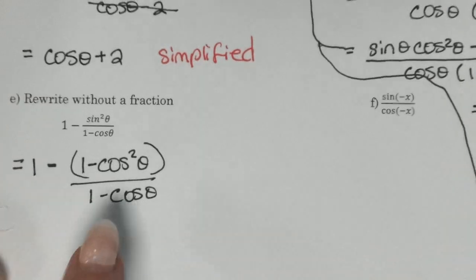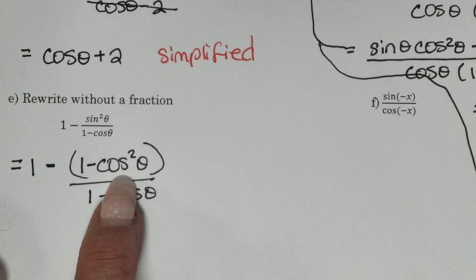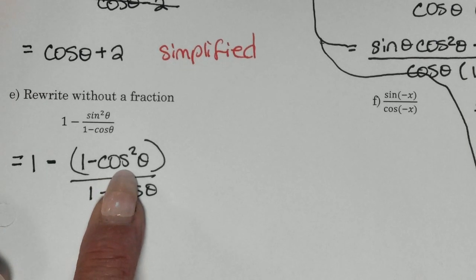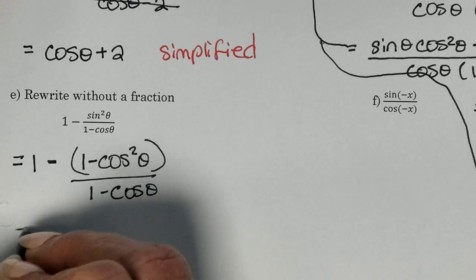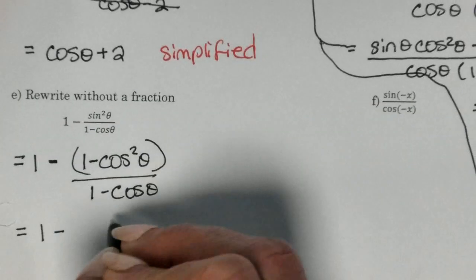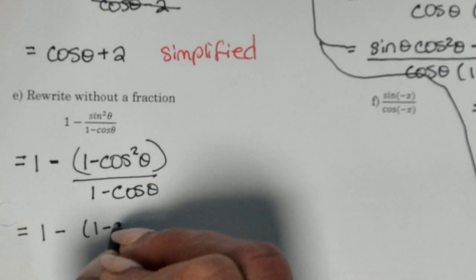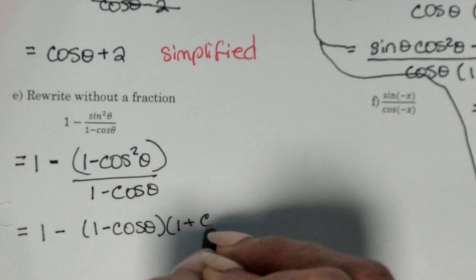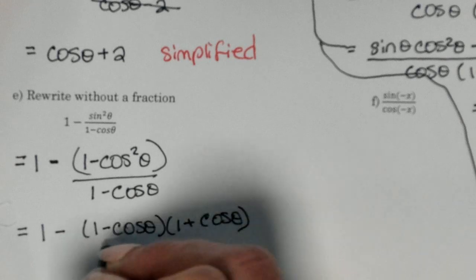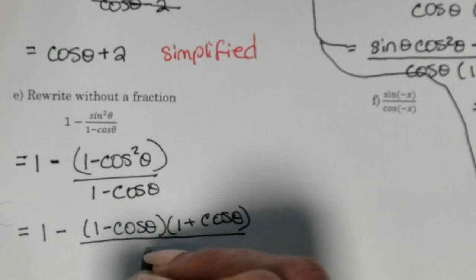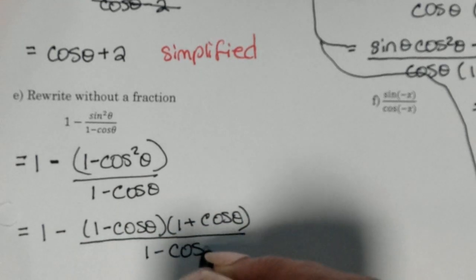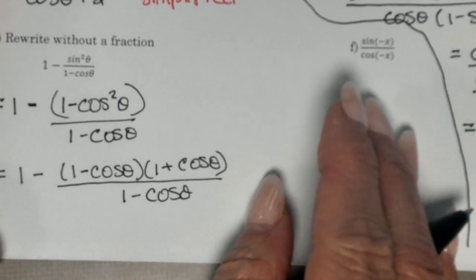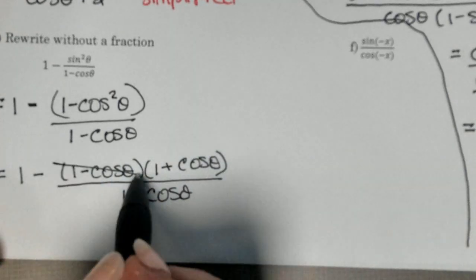I can rewrite 1 minus cosine squared by factoring it, and that would give me 1 minus cosine theta, 1 plus cosine theta, all over 1 minus cosine theta. Now, common factor.